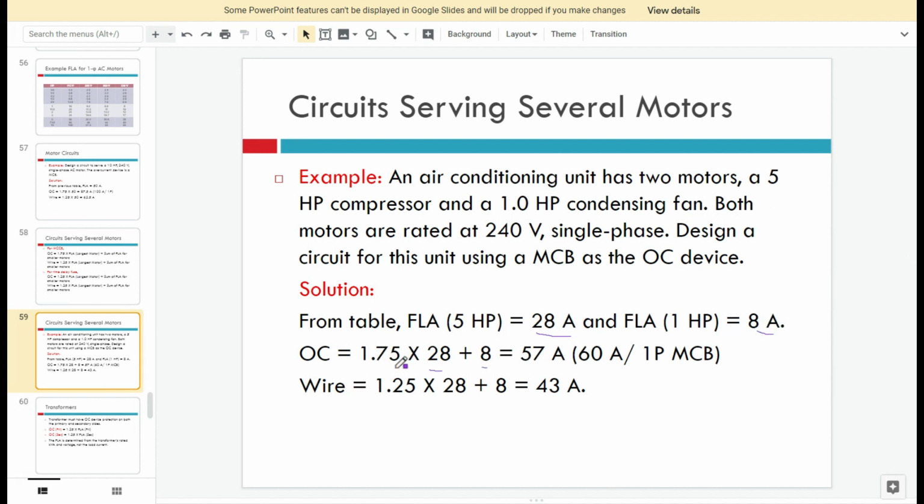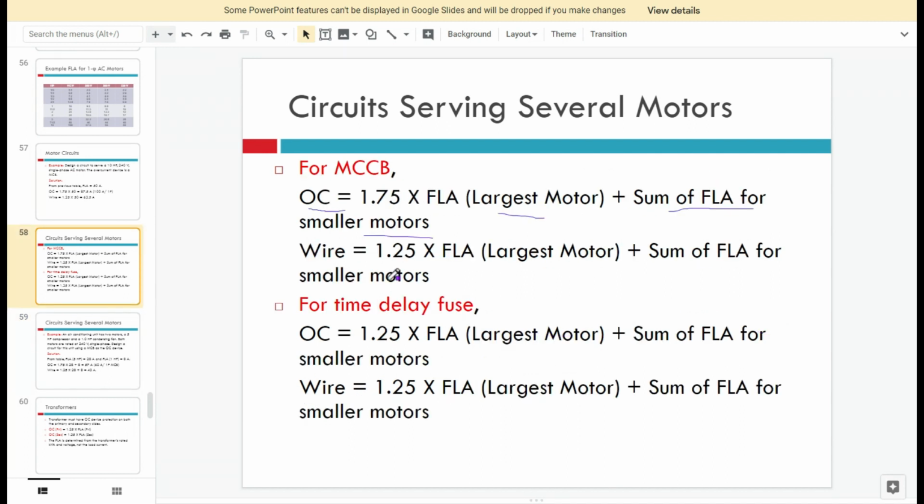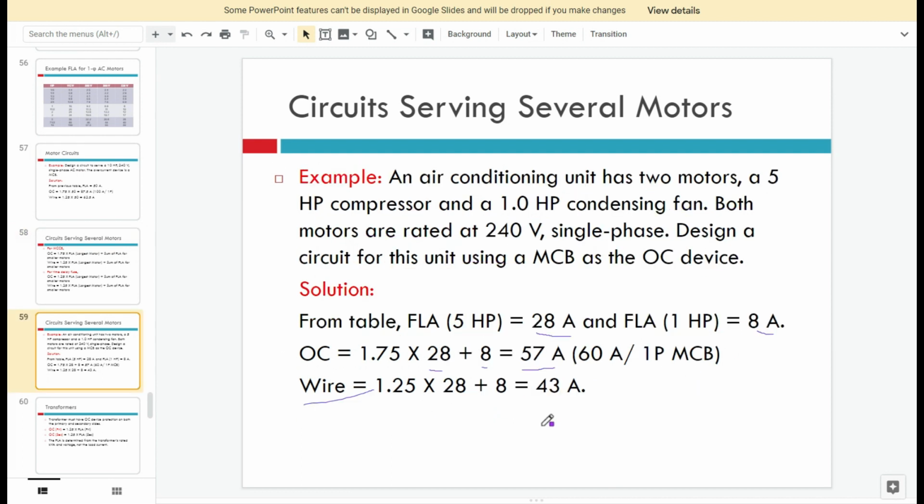When you multiply and sum, you get 57 amperes. So approximately we can choose around a 60 ampere one pole MCB. And then for the wire or the conductor, we use the previous equation, 1.25 times the FLA of the largest motor plus the sum of FLA for smaller motors, then you get 43 amps.